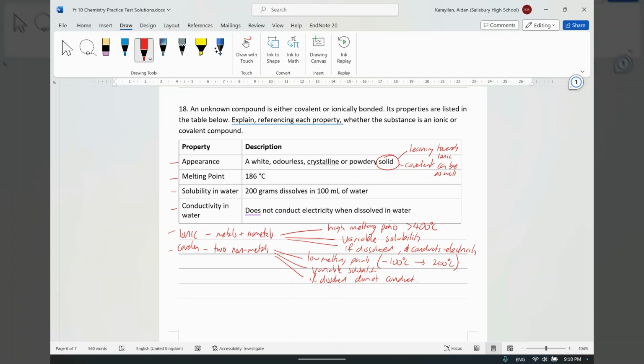Now, melting point of 186, medium, so it's not too high or low. So I would say this is inconclusive, but leaning towards maybe low. So maybe leaning towards covalent. And the time is about to go off.